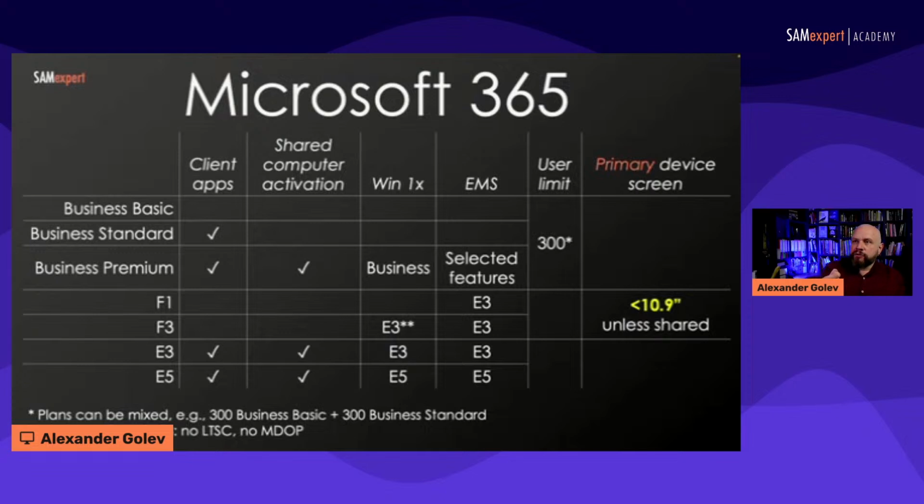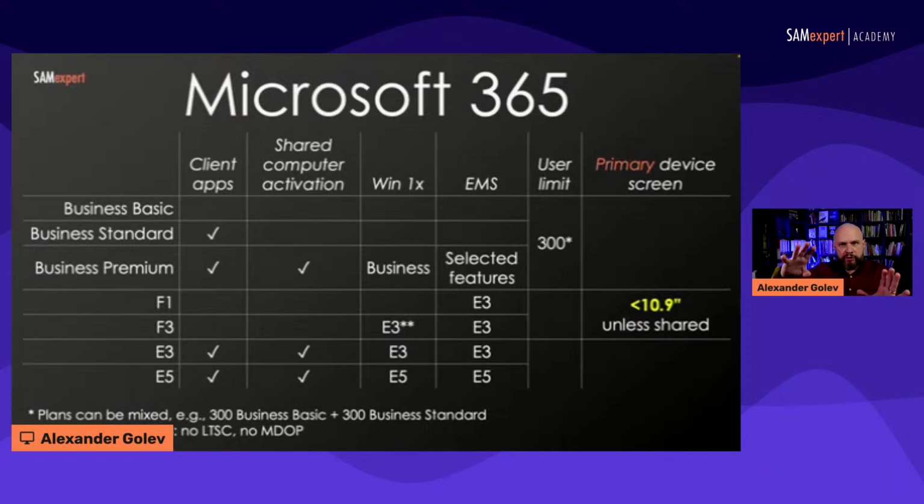Frontline worker plans also have a very interesting device screen size limitation. I'll try and explain it in a simple manner. If I am assigned, for example, a Microsoft F1 license, and my main device is a Chromebook with a tiny screen, less than 10.9 inches, then it's fine.